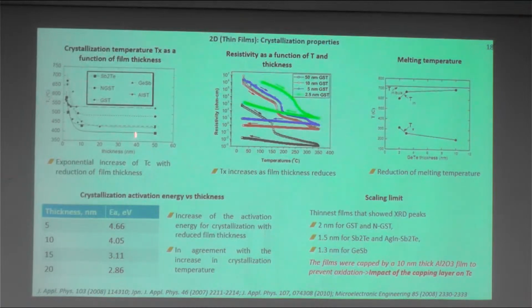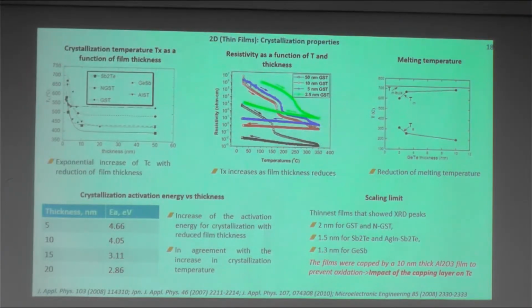Here, different materials were tested: germanium antimony, AST, GST, nitrogen doped GST, antimony telluride, and all these compositions showed an increase of crystallization temperature with the reduction of thin film thickness.